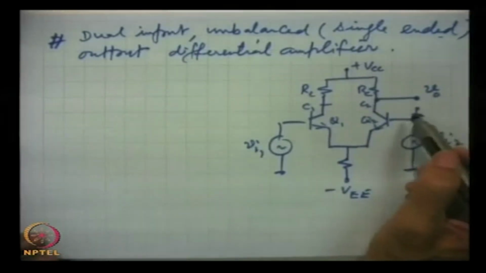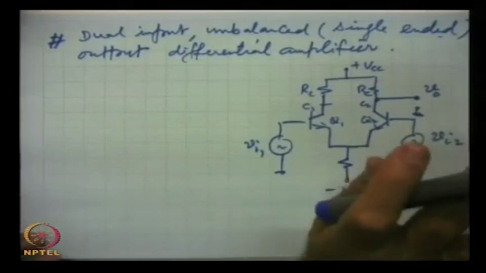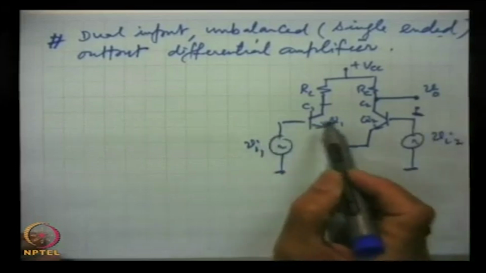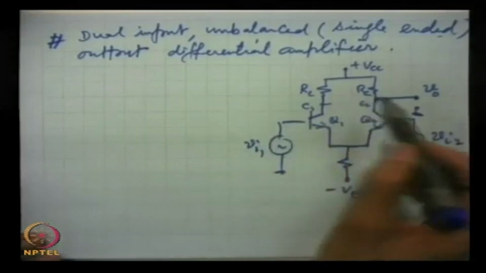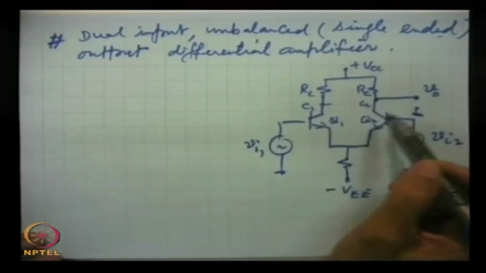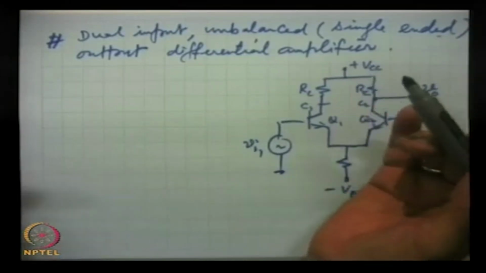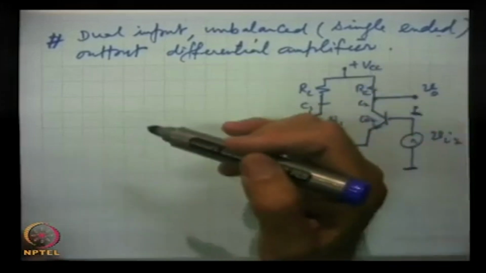So, from collector C2 with respect to ground. In this case, only one point is to be remembered. Let us look at the signal. The signal will be amplified, but the amplification factor will be half of the previous case.